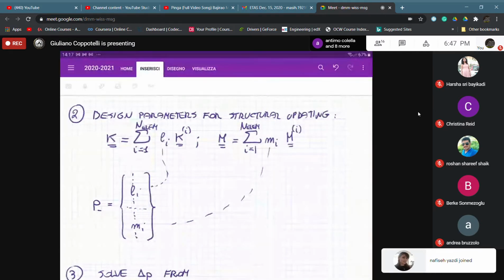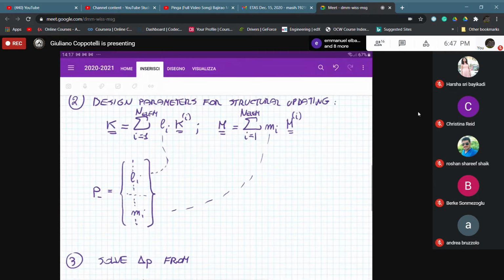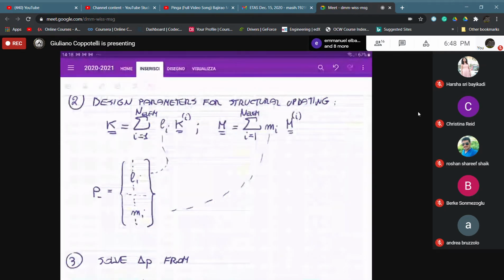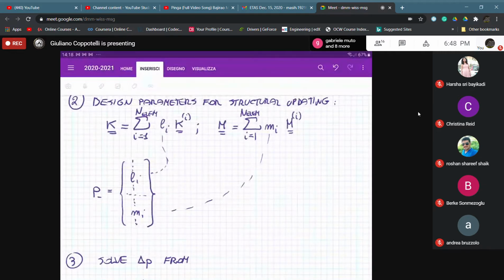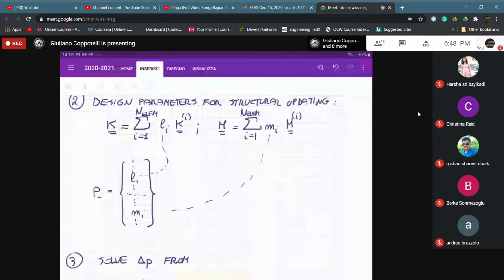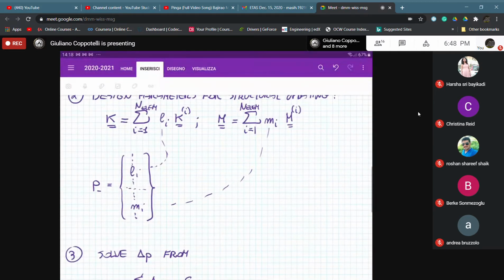Please note that not always we need all these parameters. That is, maybe sometimes we feel that the structural updating could be obtained just by looking at the stiffness matrix only, or at the mass matrix only. Rarely what we are doing is to consider both of these parameters. However, in order to have the formulation in a more complete form, we are introducing all of these parameters.